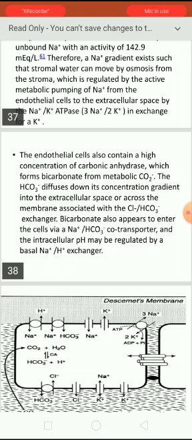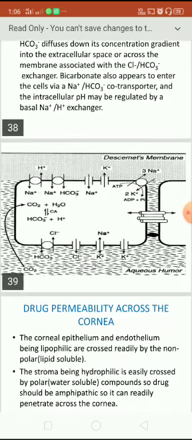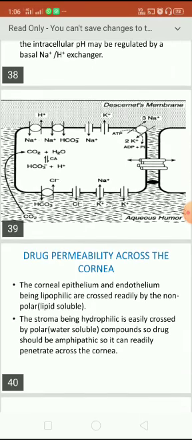The bicarbonate ion diffuses down its concentration gradient into the extracellular space or across the membrane associated with the chloride bicarbonate exchanger. Bicarbonate also appears to enter the cells via the sodium bicarbonate cotransporter, and the intracellular pH may be regulated by the basal sodium hydrogen exchanger. Here we can see at the Descemet's membrane and endothelium side there is exchange of sodium potassium ATPases as well as bicarbonate ions through the aqueous humor.